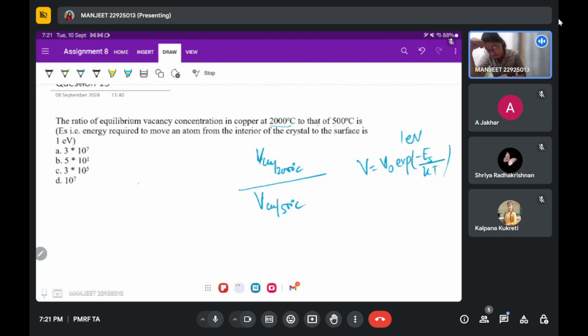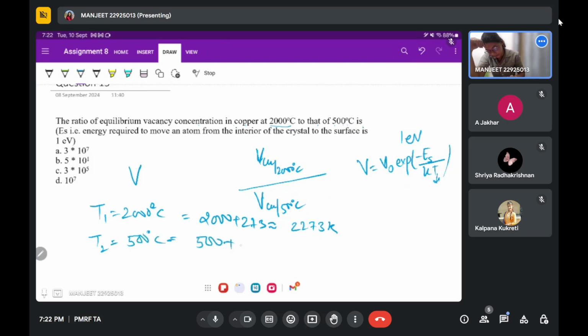So for the ratio, T is in Kelvin. T1 is 2000 degrees Celsius, so in Kelvin it will be 2000 plus 273, which is 2273 Kelvin. And T2 is 500 degrees Celsius, so 500 plus 273 gives you 773 Kelvin.